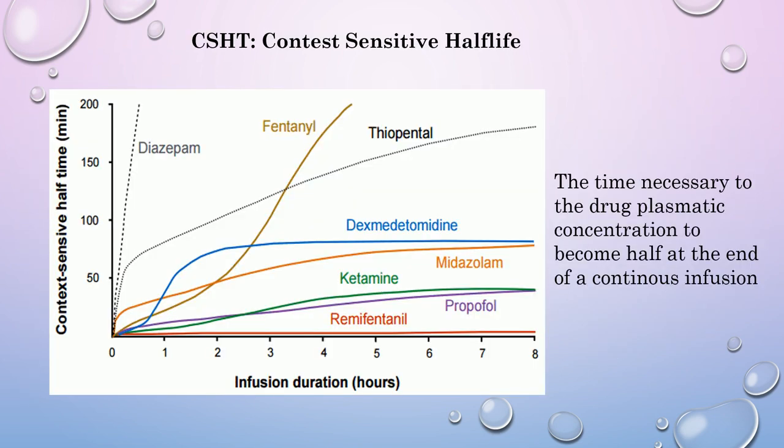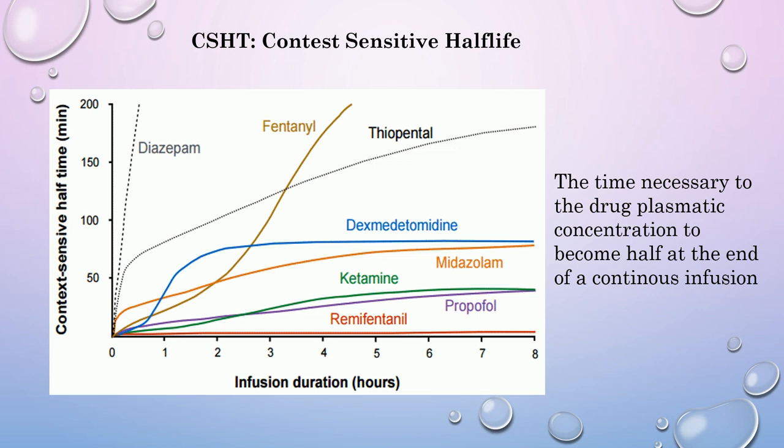This is the context-sensitive half-life. It is very simply the time necessary for the drug plasma concentration to become half after a period of continuous infusion. As you can see in this graphic, it could be really different from the half-life, as it goes, for example, for fentanyl, and it describes better the behavior of our drugs in the clinical context.